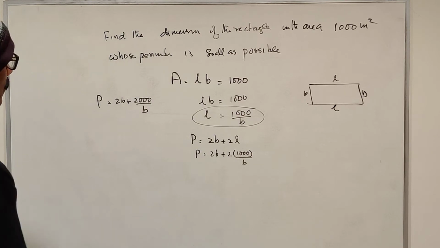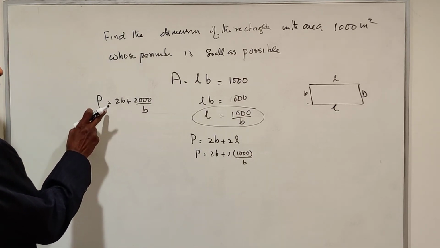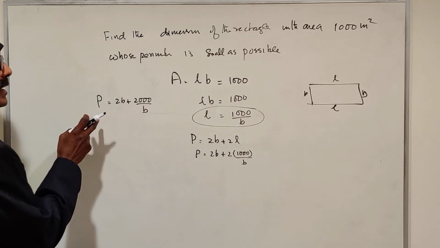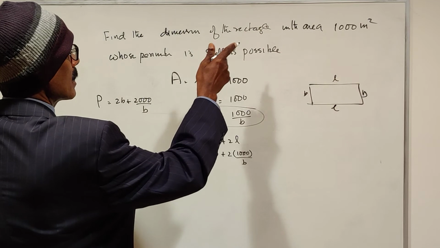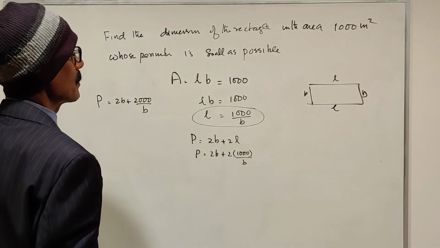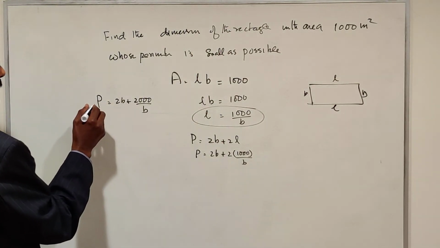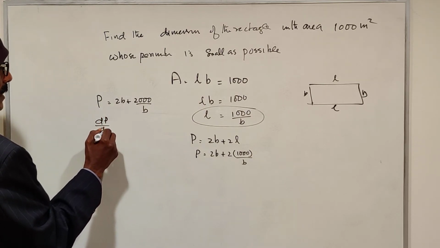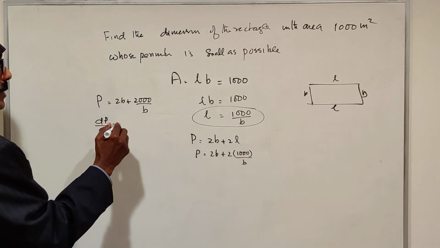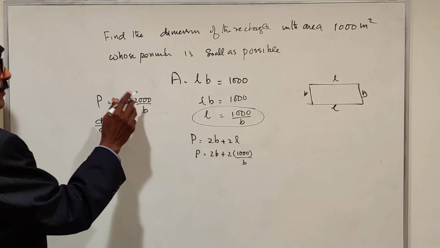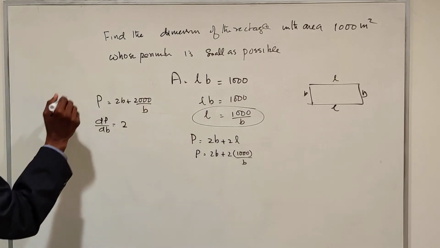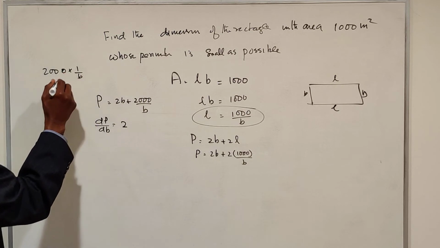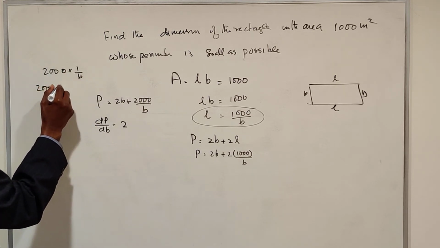Okay, then what is the next step? We need to show that the P value is minimum when the area is 1000 meters square. So how can you find it? First find dP by dB. What is the derivative of 2B? 2. What is the derivative of 2000 into 1 by B? 1 by B we can write as B raised to minus 1.